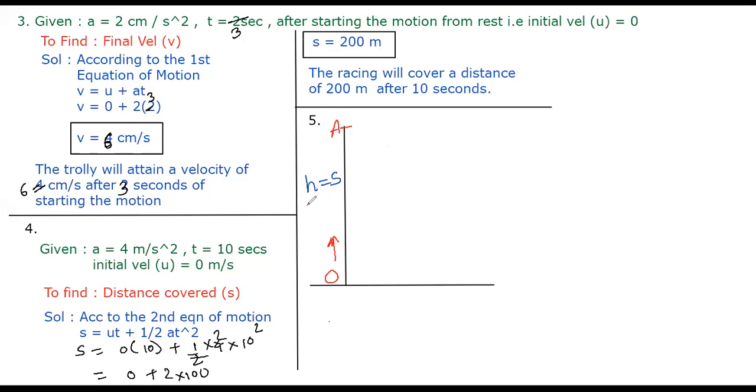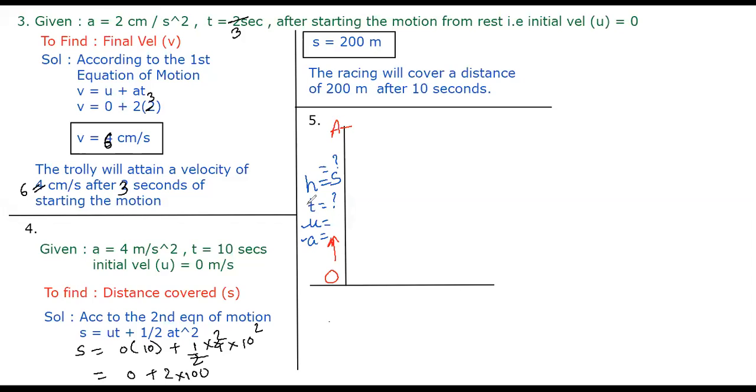They are asking us the time required. That is the question mark. The height obtained is also the question mark. Initially, it was thrown with a velocity of 5 meter per second, and the acceleration was negative 10 meter per second square. U is known, a is known, t is not known, s is not known.